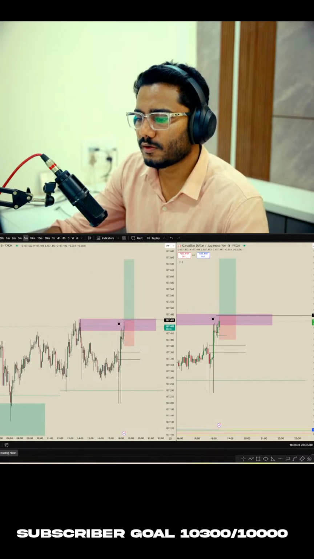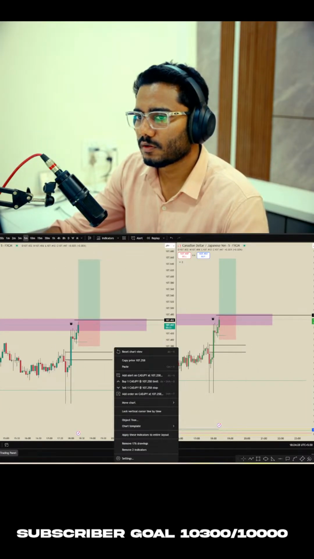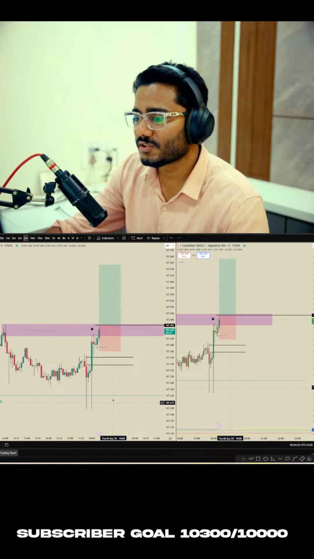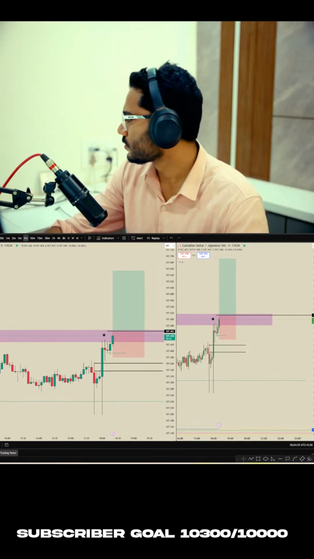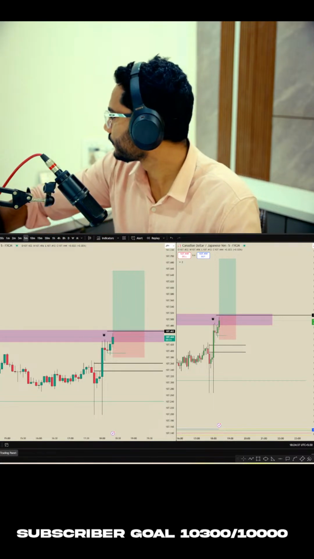Price has swept this previous liquidity, so we know that direction is to the upside. And price has created the strong move, which is supporting our bias.